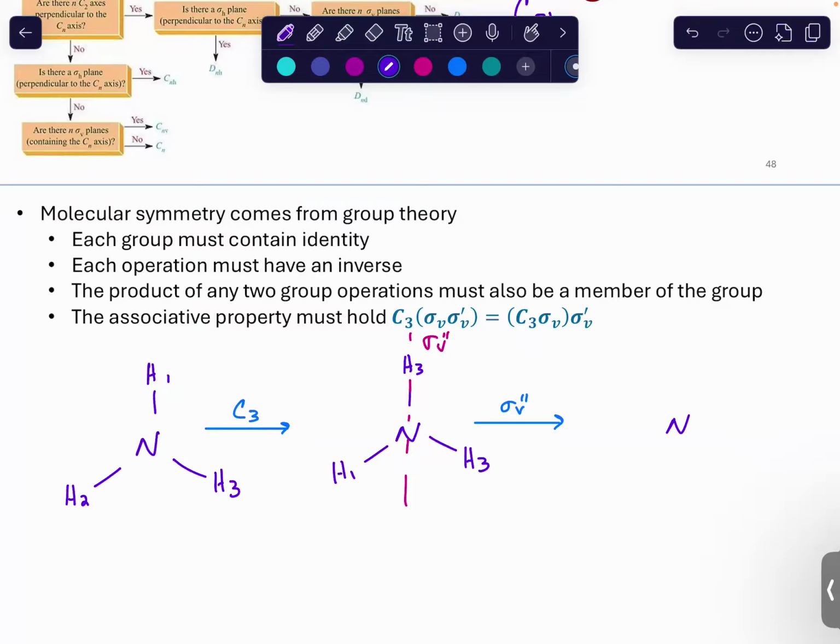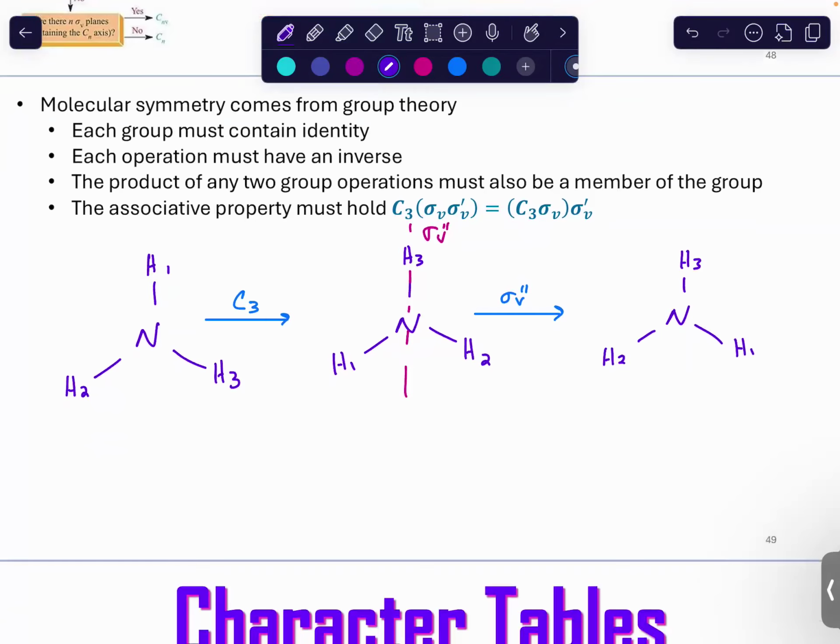So the H3 stays where it is. What do the other two do? H2's on the left now and H1's on the right. Oh, I'm sorry, I did that wrong. That's not H3. That's H2. There we go. So now H2 is there, H1 is there. As you remember, this is then C3 times sigma V double prime. That is the multiplication, the product of two symmetry operations.